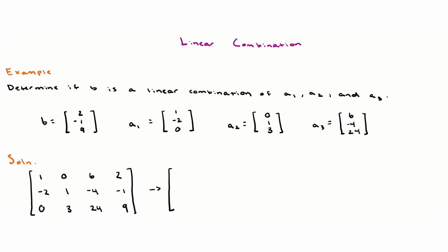First, I'm going to multiply the top row times 2. Next, I'll add our first row to our second row.